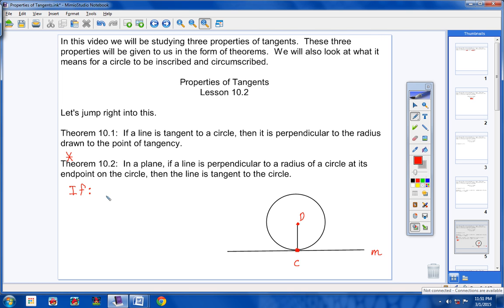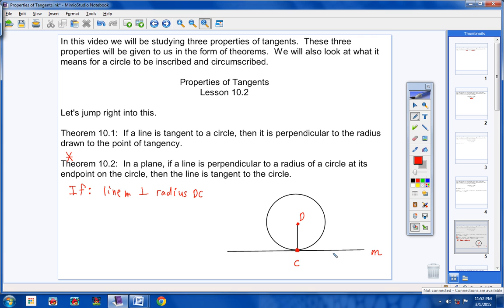If a line is perpendicular, so if line M is perpendicular to a radius, and of course the radius is DC. If line M is perpendicular to radius DC at its endpoint, which is right here.